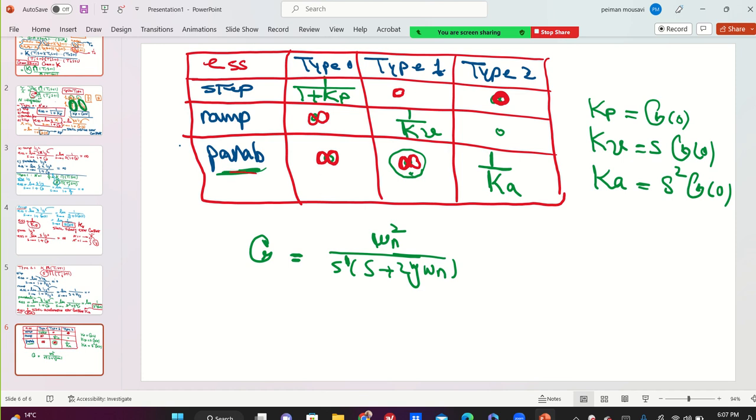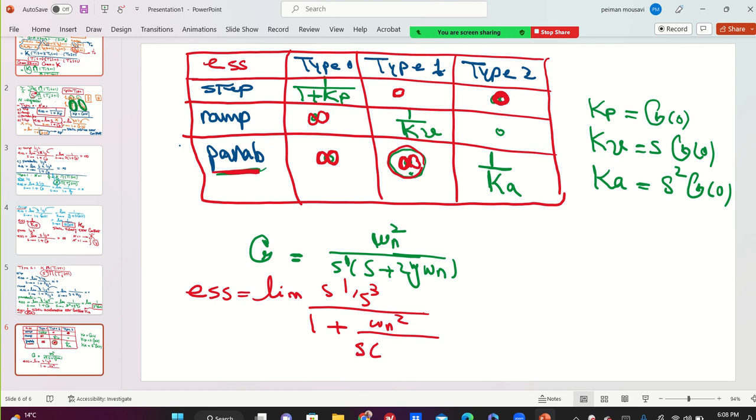So if we apply parabolic, it's going to be infinity. ESS is the limit of s times the parabolic input, over 1 plus omega n squared over s times s plus 2 zeta omega n. The mass spring damper has one integrator, it's type 1.